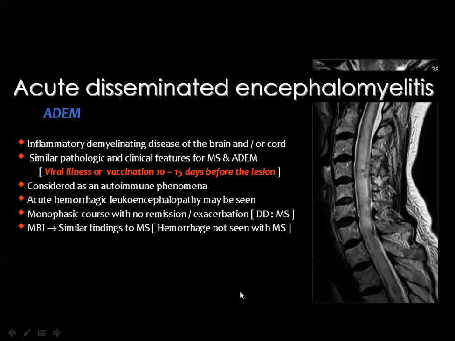And also you should remember that ADEM, or acute disseminated encephalomyelitis, is a monophasic disease, meaning that there are no remissions or exacerbations. But recently in the literature they have reported some cases of clinically diagnosed acute disseminated encephalomyelitis with a remission and an exacerbation.